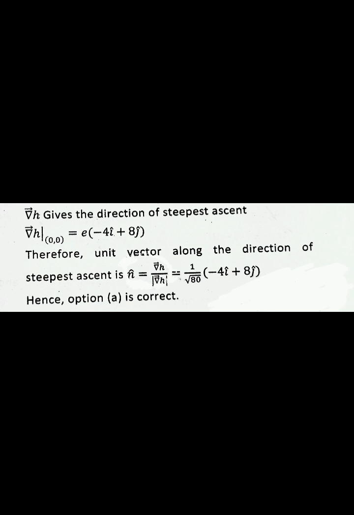So ∇h at the point (0, 0) is equal to e raised to (−4 i cap plus 8 j cap). This is the vector in the direction of steepest ascent. To find the unit vector, n cap is equal to ∇h divided by mod of ∇h. So that is equal to 1 by root 80 into (−4 i cap plus 8 j cap). So the answer is option A.